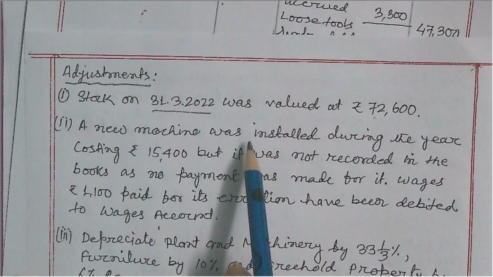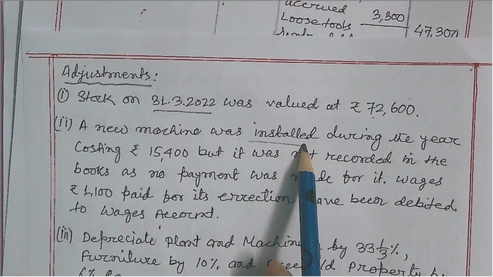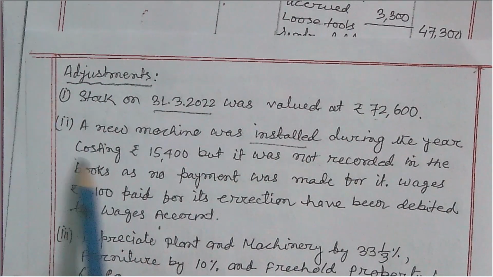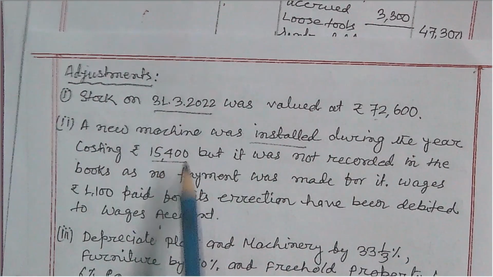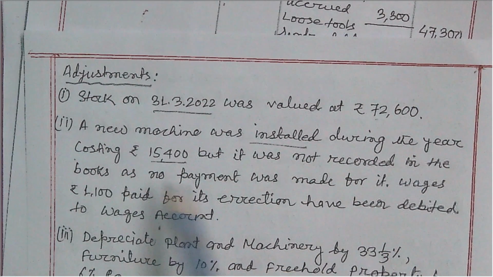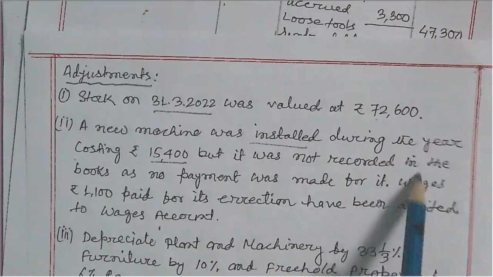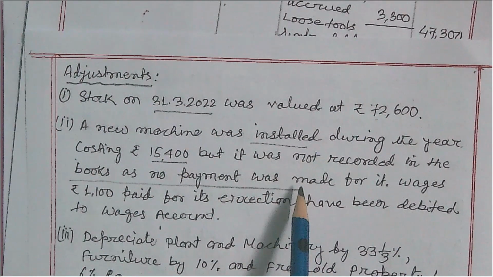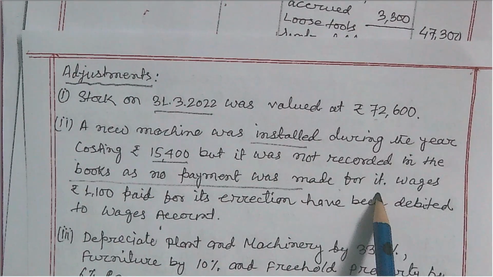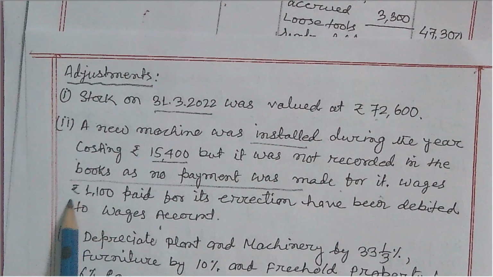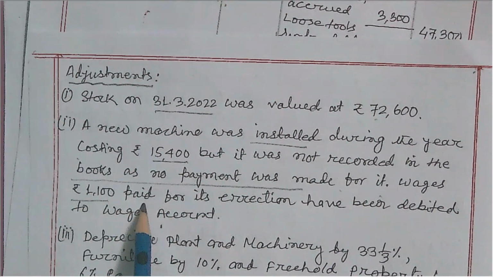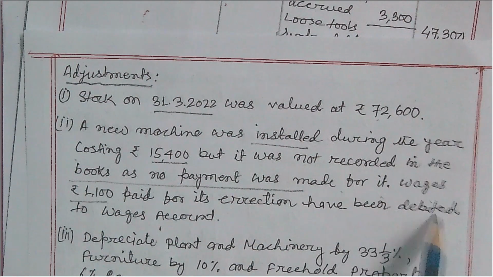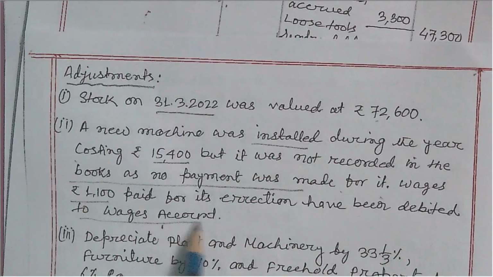A new machine was installed during the year, costing rupees 15,400, but it was not recorded in the books as no payment was made for it. Wages rupees 1,100 paid for the erection have been debited to wages account.